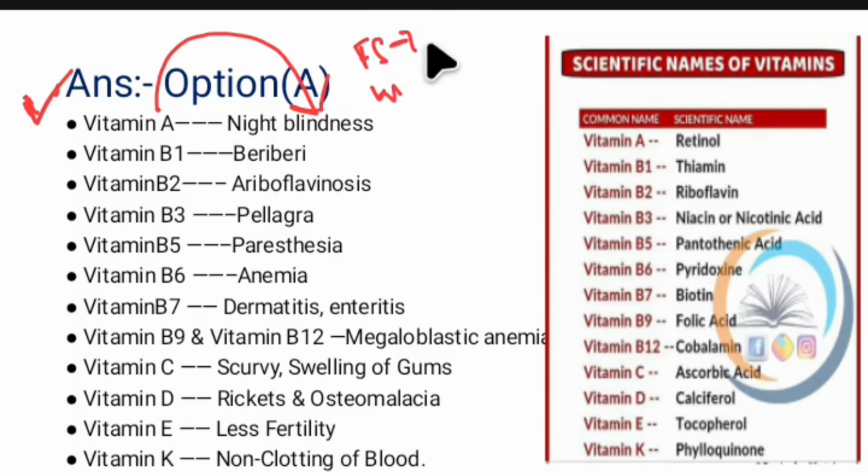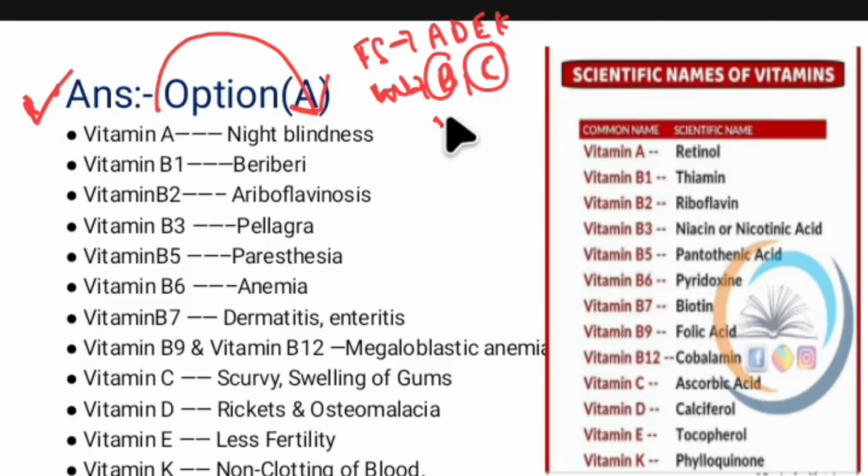Fat soluble vitamins are A, D, E, K, and water soluble vitamins are the B supplements and vitamin C. In B, we have B1, B2, B3, B5, B6, B7, B9, B12.